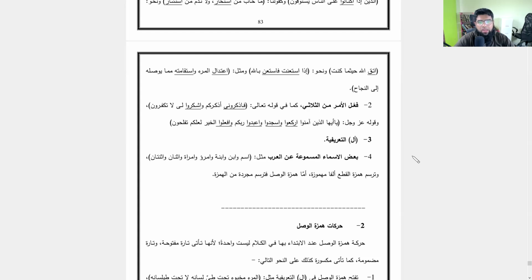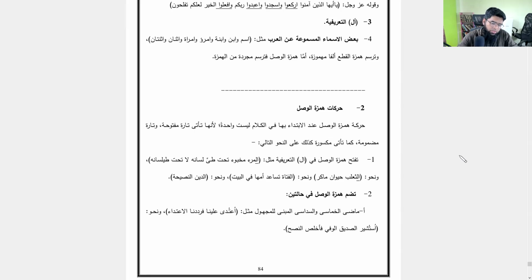Correct? And al, just 4 places. So generally speaking, you should go by default to Hamzatul Qata because these 4 are specific places. So Hamzatul Qata, you'll write alif mahmuza. Amma Hamzatul Wasl fatursamu mujarrada min al hamza.